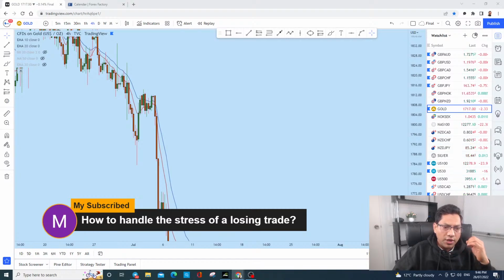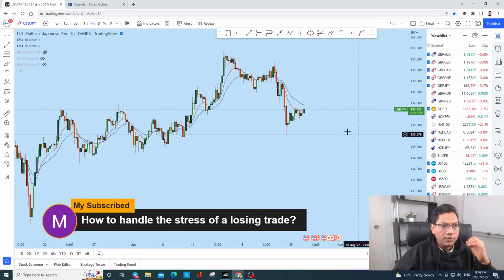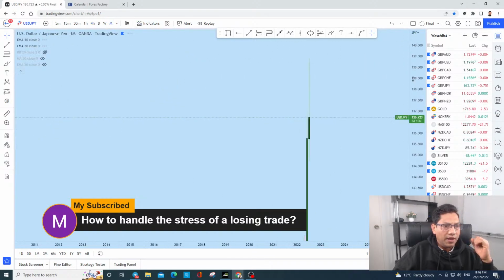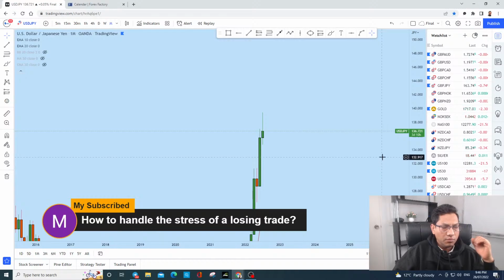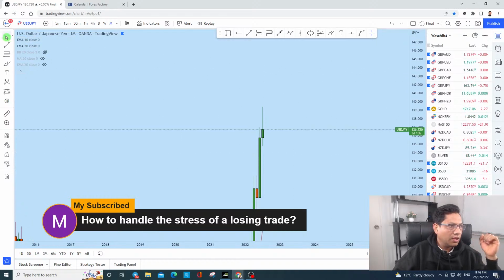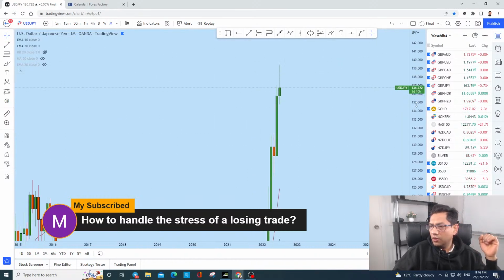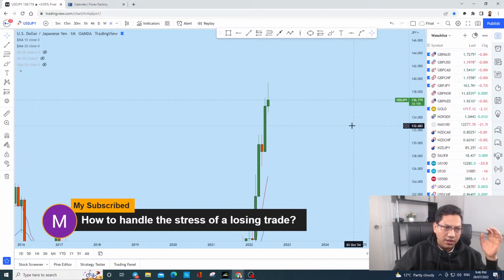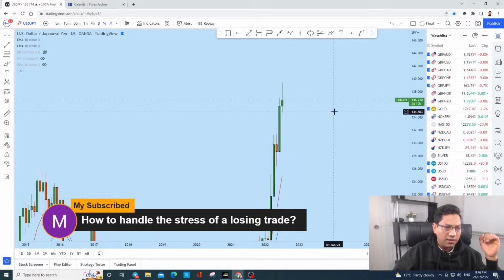Okay, so let's look at dollar yen. Let's see what's happening with dollar yen. Looking at the monthly dollar yen, it is long term bullish. Always, that's what I do: I look at the monthly, weekly and daily. On the monthly, after 3 days this candle is going to close.